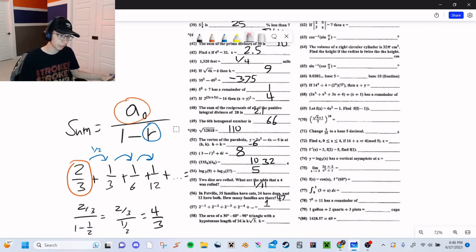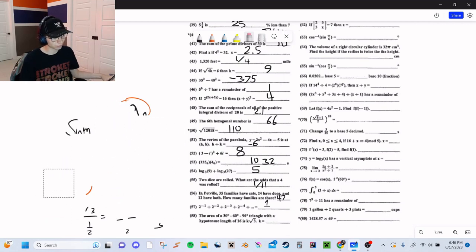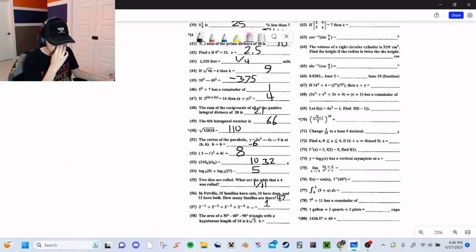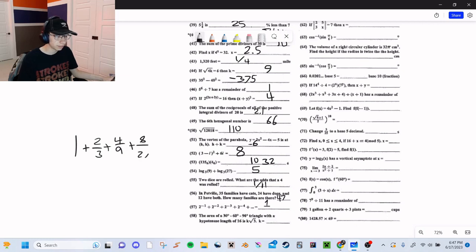Let's do one more example. Let's say we have 1 plus 2/3 plus 4/9 plus 8/27 and so on.